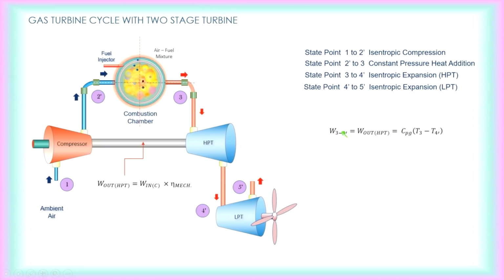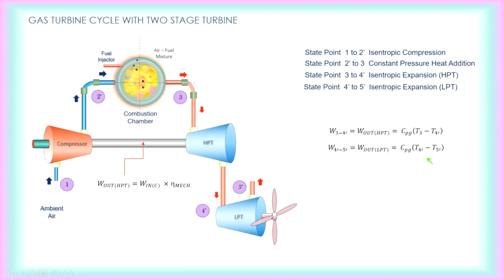So you have CPG multiplied by the temperature difference between 3 and 4 prime. Then the work output from the low pressure turbine, again from here, you will have 4 prime to 5 prime. You can see we are using CPG here, which means we are referring to gas. All these devices or components here, we are looking at the gas side.